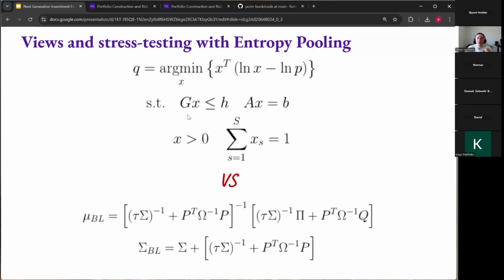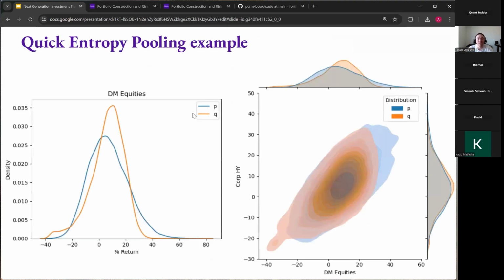We can then use linear constraints to implement views on the market. It's an important separation because the views can be nonlinear functions, but they must be specified in a way such that the constraints are linear in the posterior probabilities. This is something that we'll talk about in the future.